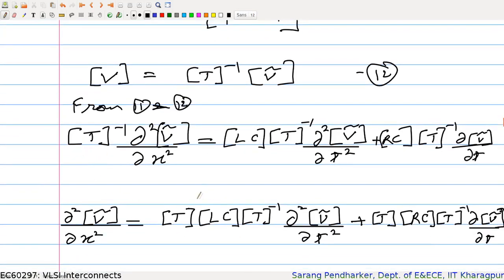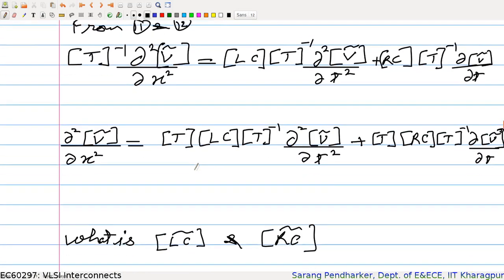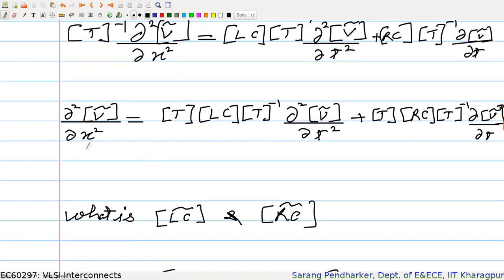This T inverse will go on this side as a multiplying term of T, and this is what you will get, right?